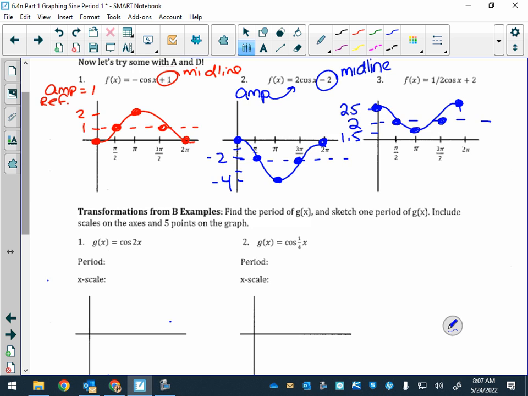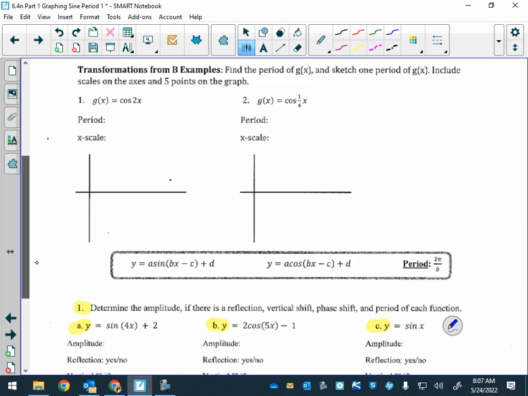So the last thing in terms of transformations before we write equations is when we have a period change. So when one full rotation changes. We're used to one full rotation, one cycle on the unit circle, being from 0 to 2 pi, or negative 2 pi to 2 pi, and it just keeps going. Same pattern. When you have a number in front of x, that is what changes the period.